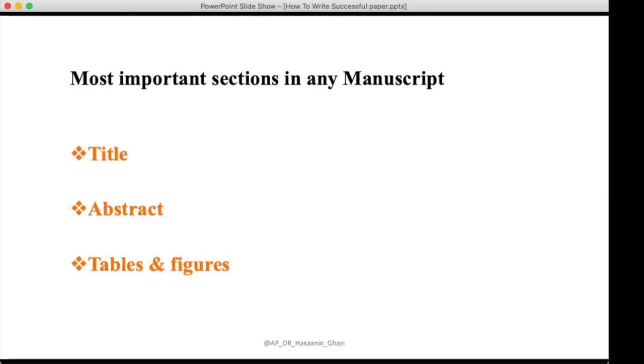So he will look at your title, your abstract, which is the main findings of the paper. And also, if he has time, he will look at tables and figures to see if the statistical analysis is good or not. So that's why we should focus on these three important sections in the manuscript, because later it will decide whether your paper will be sent to the reviewer to be reviewed or not.